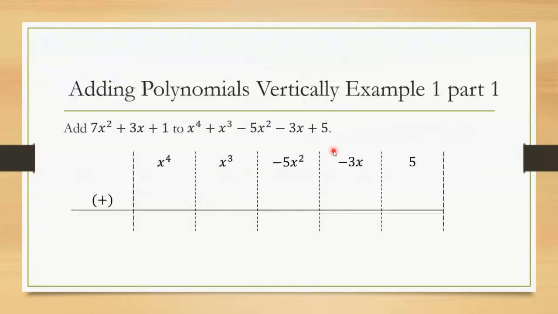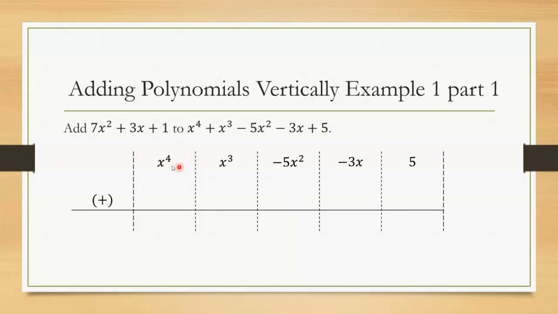Okay, I don't want to go too fast. If I go too fast, just let me know. But let's say, for instance, we want to add these two polynomials together. Okay, so this one has more terms, right? So I'm putting this as the one on top. And notice for each term, I'm making a dashed column. Okay, so each term gets its own column.